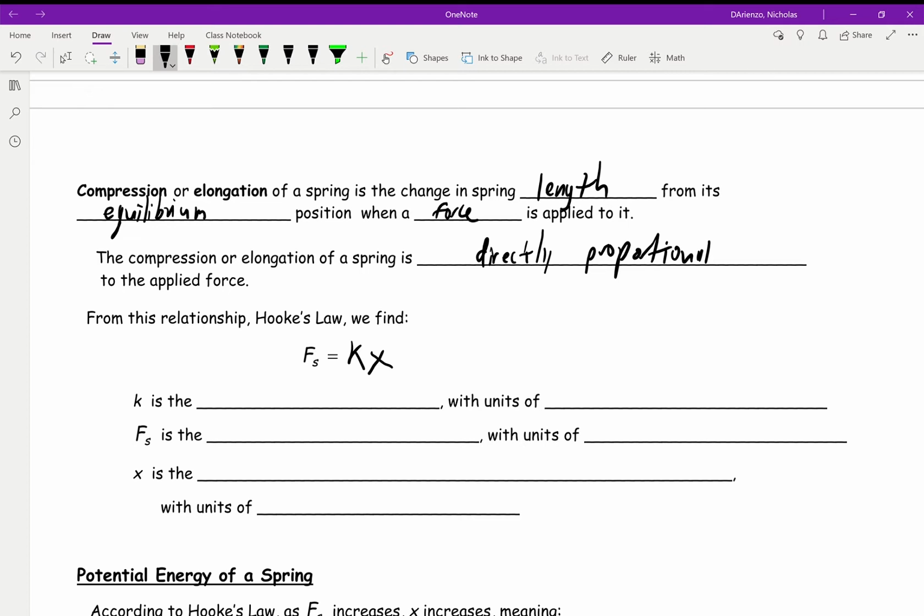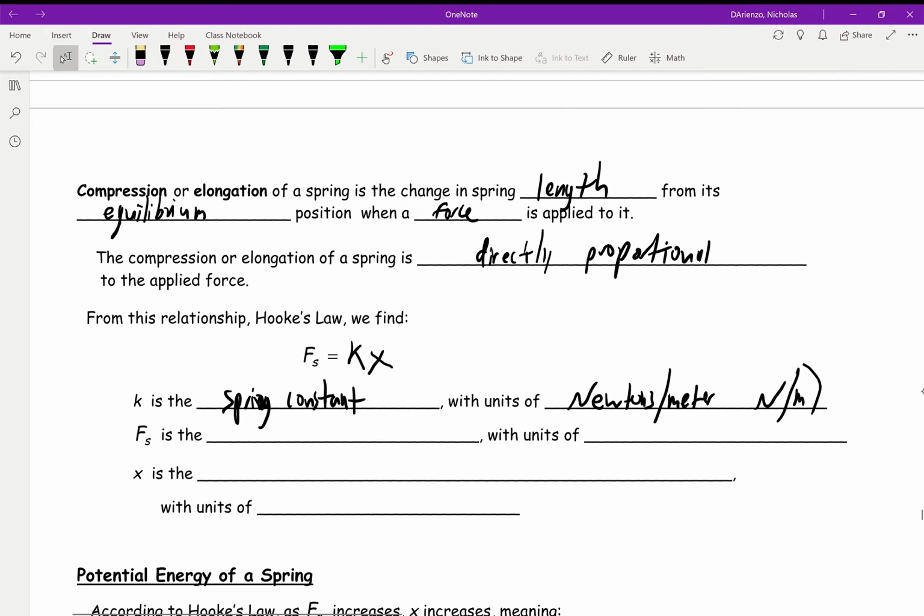So k is going to represent what we call the spring constant. This is going to change for every spring depending on the type and the material. And it has units of newtons per meter.